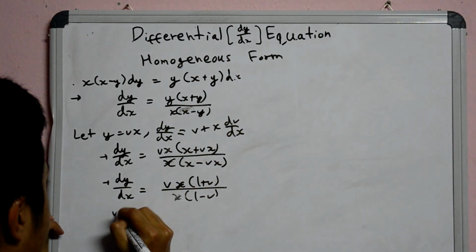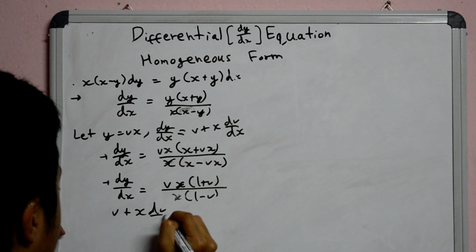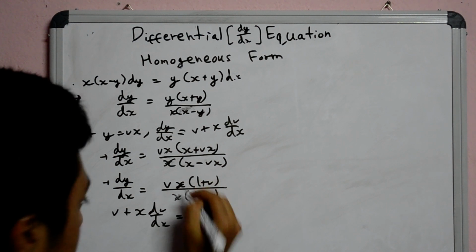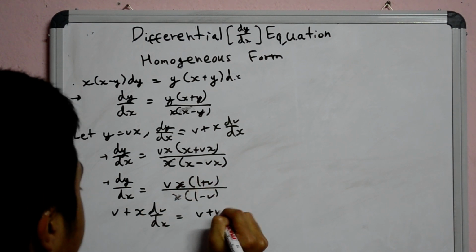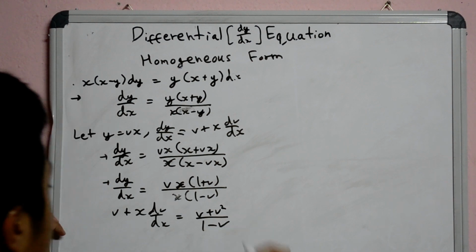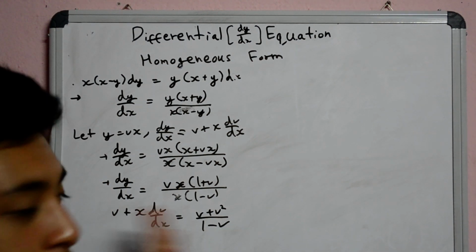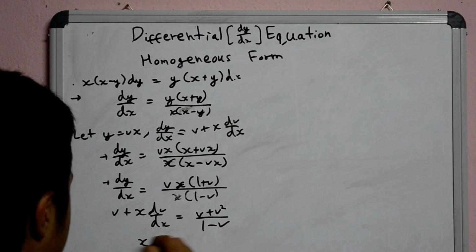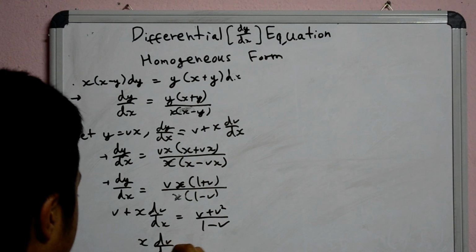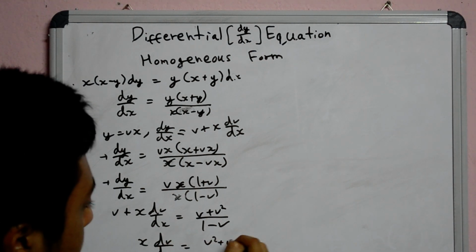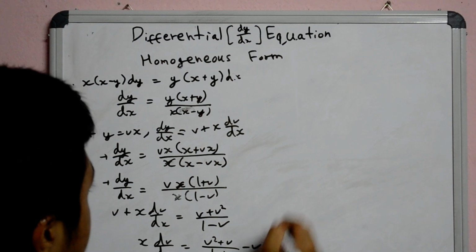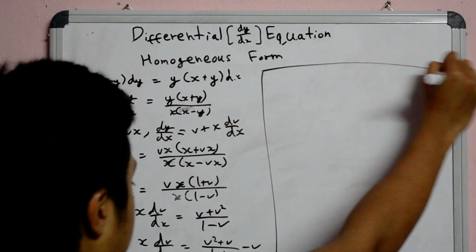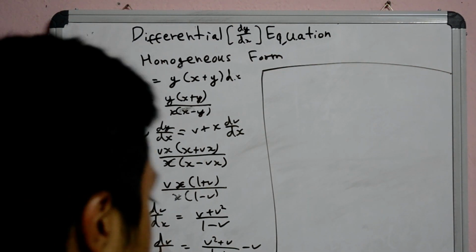So we will have v plus x dv/dx equals, let's just multiply this out, so we get (v plus v square)/(1 minus v). Now let's put the v over there. x dv/dx equals (v square plus v)/(1 minus v) minus v. Now let's do some basic algebra.